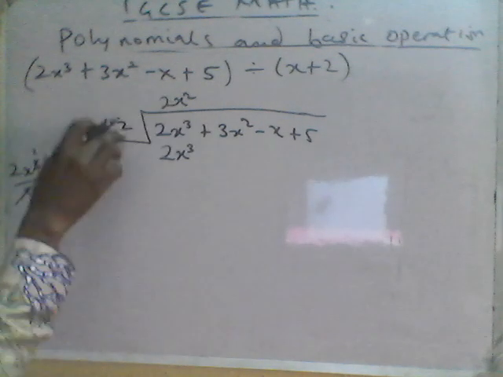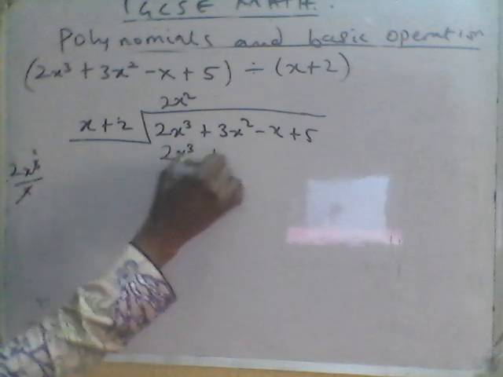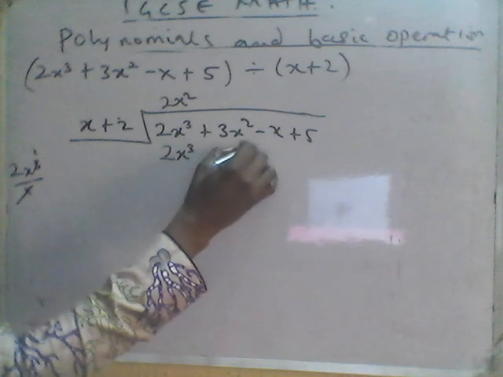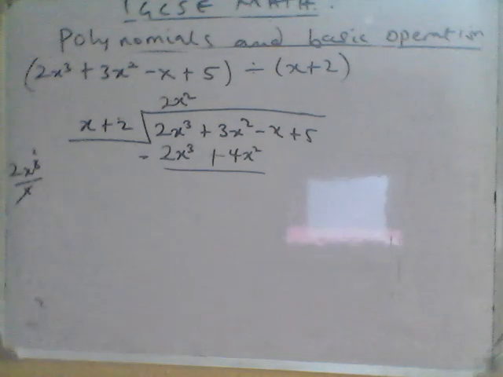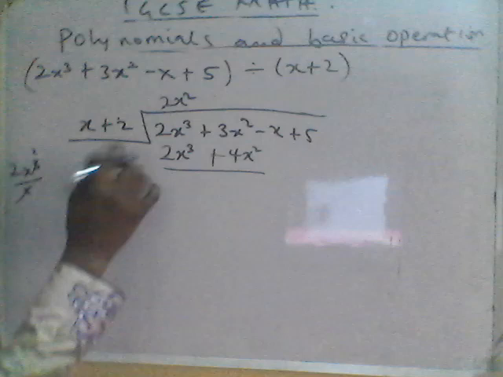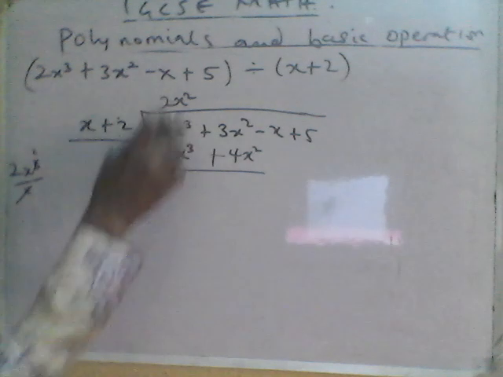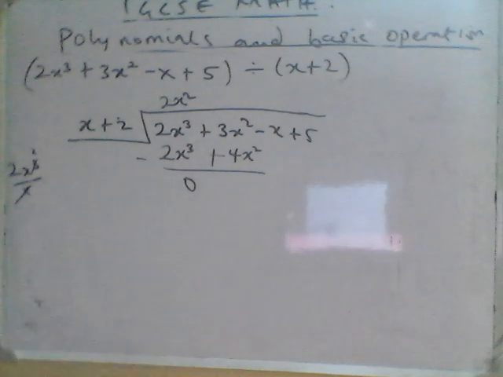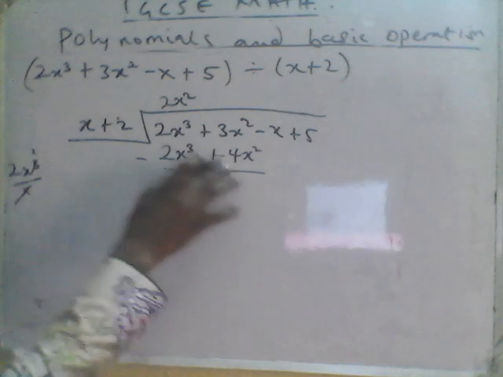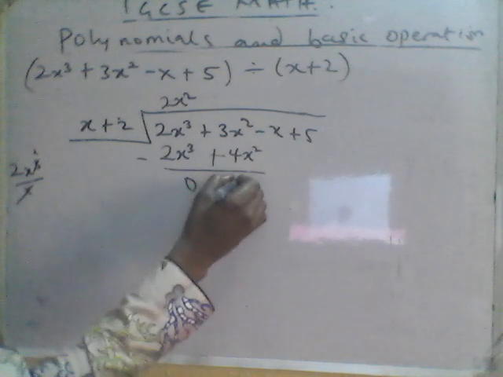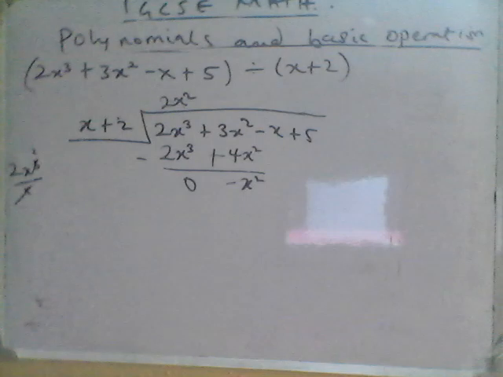Then 2x squared times 2 gives me plus 4x squared. So I rule my line and apply my minus operation. 2x cubed minus 2x cubed gives me 0. Then 3x squared minus 4x squared gives me minus x squared.